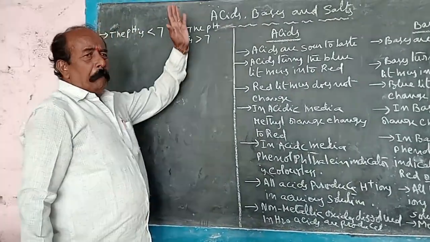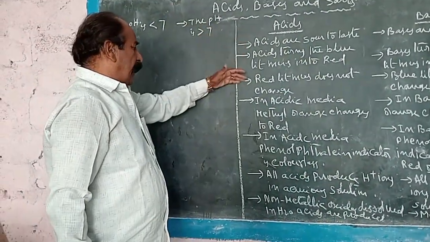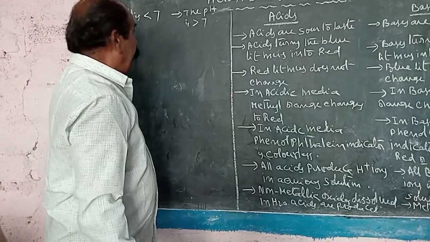These are the important properties, 1, 2, 3, 4, 5, 6, 7, 8.